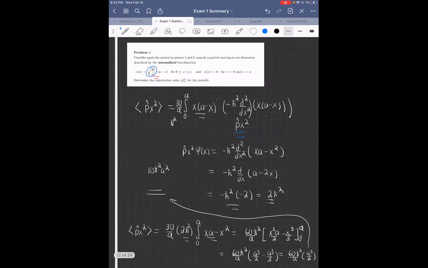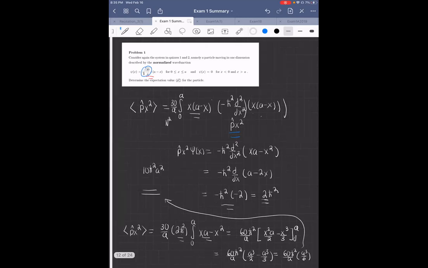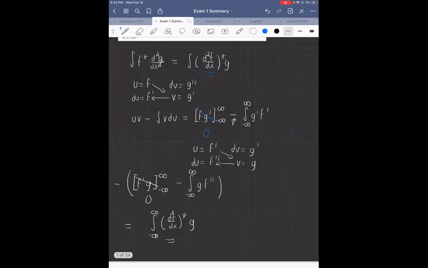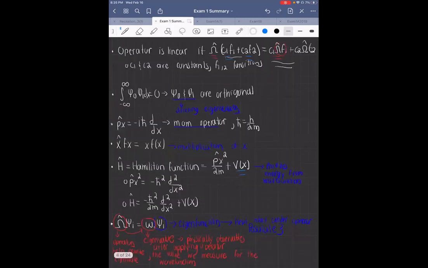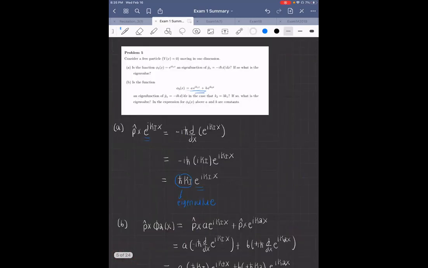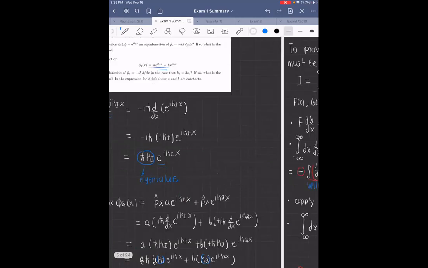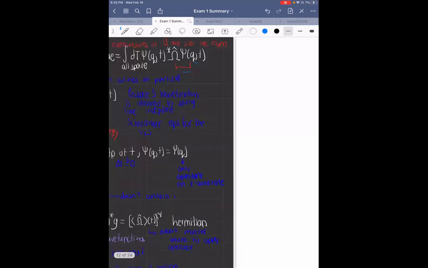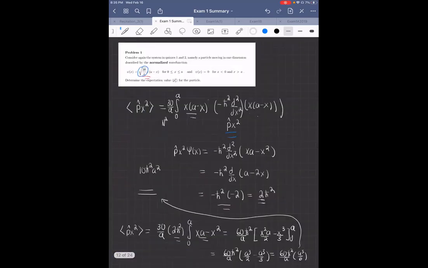No problem. Let me just double check the momentum operator. Okay, yeah, when I reiterate, it's negative i times negative i, which would be -1.